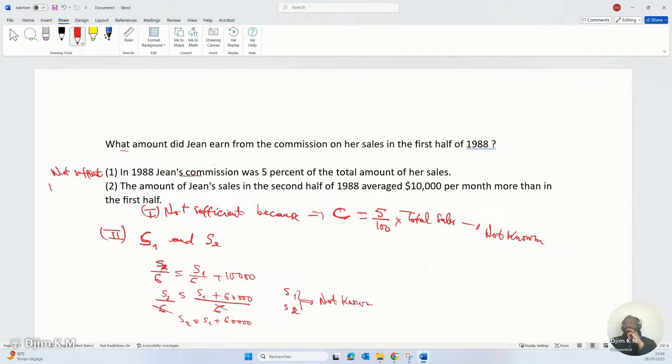So this also will not be sufficient. Even if we take the two conditions together, we'll still have these unknowns. Okay.